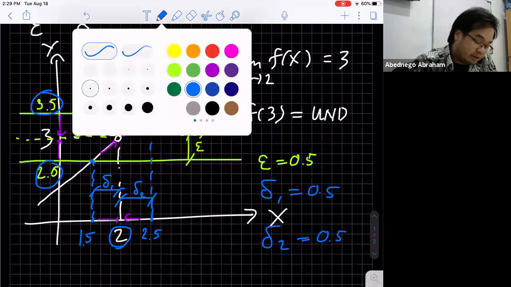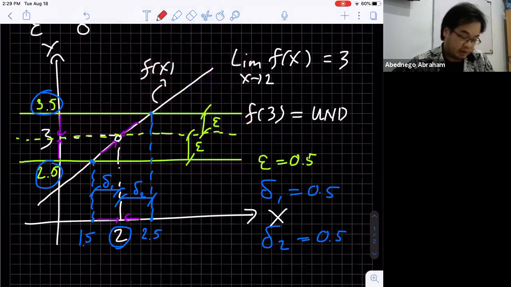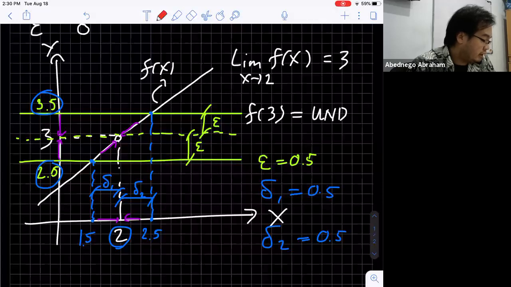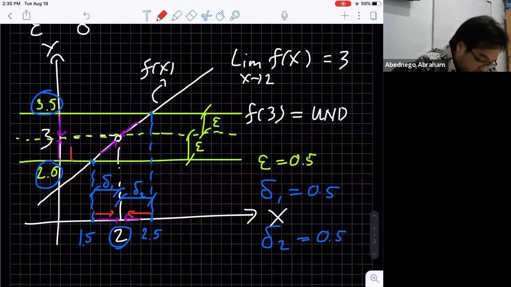Now let's get back to the definition again. L is equal to the limit of f(x) as x approaches c if and only if for any epsilon greater than 0, no matter how small, there is a delta greater than 0 such that if x is within delta units of c but not equal to c, then f(x) is within epsilon units of L. Basically, what it says is that when you make delta smaller, epsilon must be smaller also.